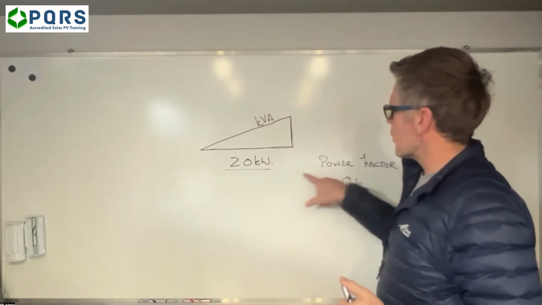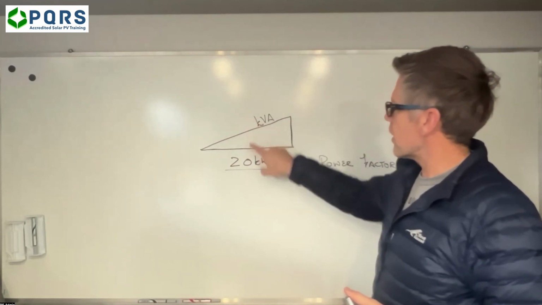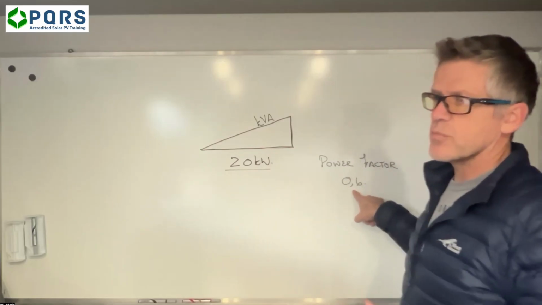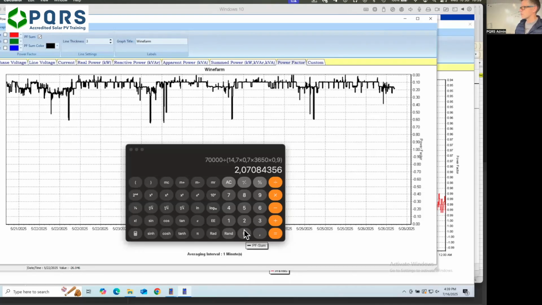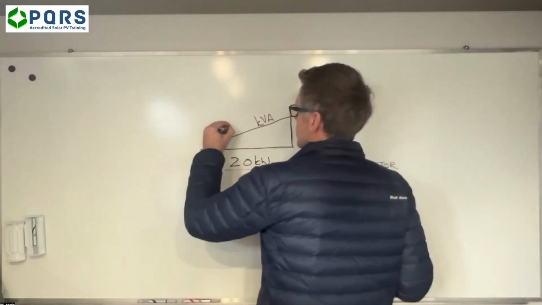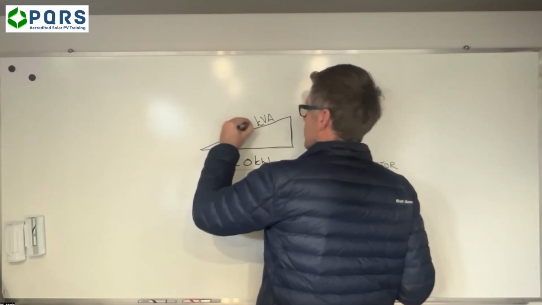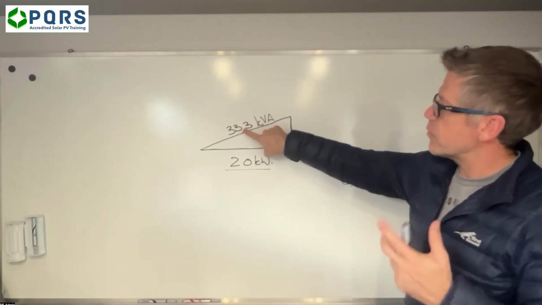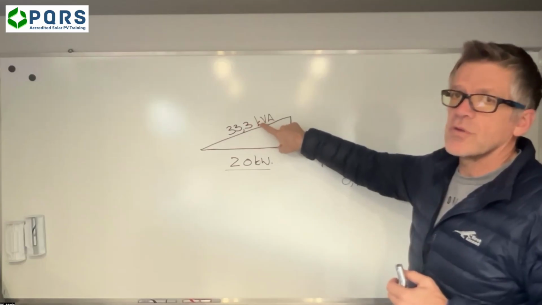So in order to go from kilowatt to kVA, we're going to take that value and divide it by the 0.6. So 20 divided by 0.6 equals 33.33. That means that we've got a 33.3 kVA in our system, or 33.3 kVA load on the transformer.